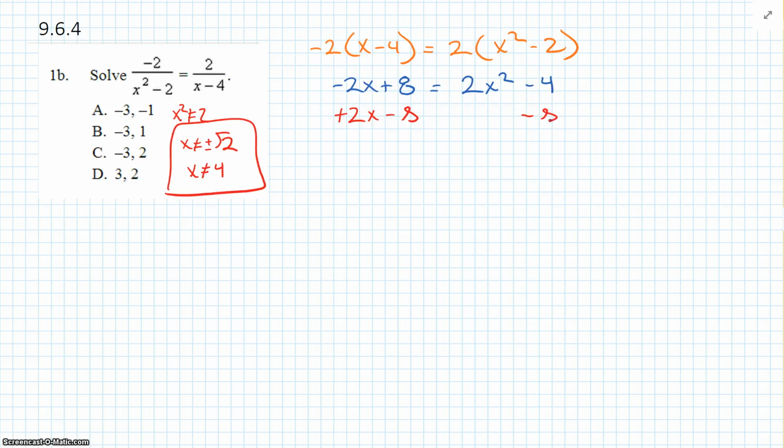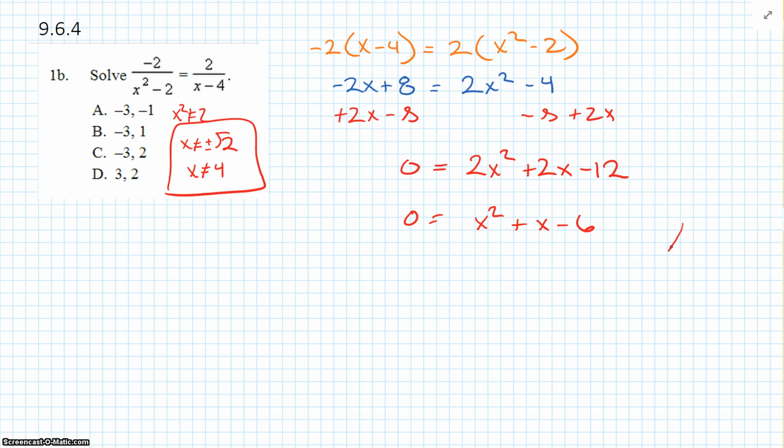So I get 0 equals 2x squared plus 2x minus 12. Let's factor out a 2. So when we factor out the 2, we get 0 equals x squared plus x minus 6.